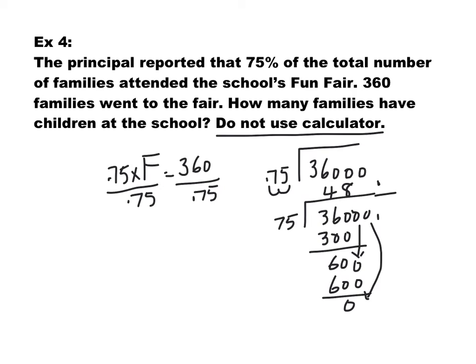I bring another 0 down, so I get 0 divided by 75 is 0. 0 times 75 is 0, so it's 0. And there is no more digit left, so this means the total number of families in the school is 480. And 75% of it is 360.